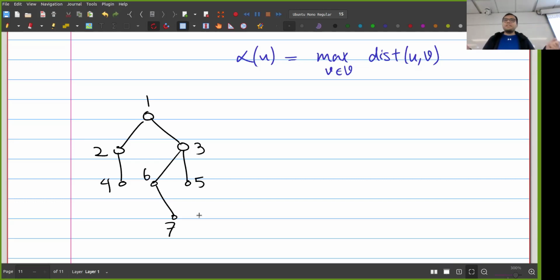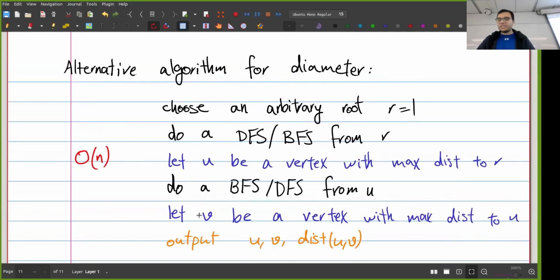Okay. So this is generally true, but I'm not going to prove it to you. You get to prove this on your own. So a non-dynamic programming way of solving this problem would be to first find the 2 vertices at the 2 endpoints of the diameter. So find U and V like this.